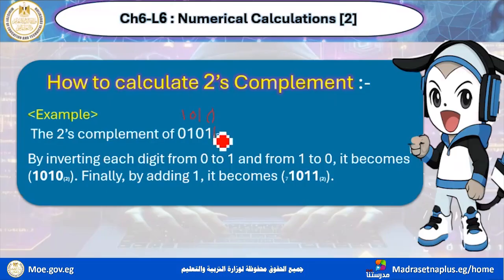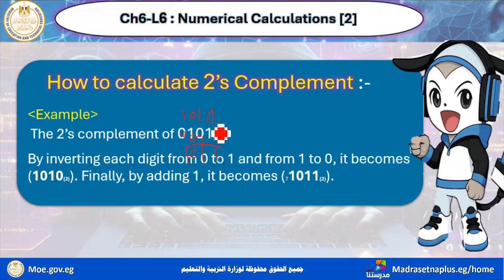Now, when adding 0 plus 1, 1 only? Yes, 1. The representation of the number 1 in binary is 0001.